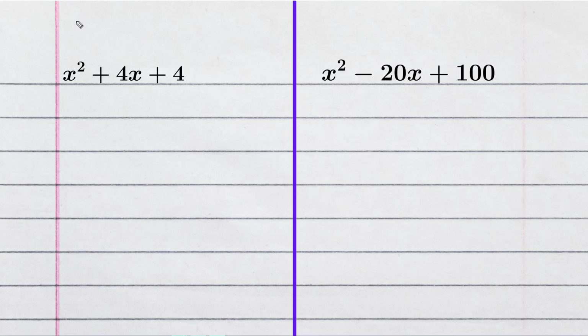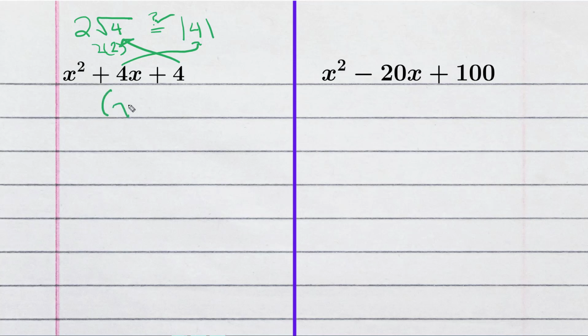So we want to do 2 times the square root of our 4 from here. Does that equal the absolute value of the 4 from there? Well, the square root of 4 is 2. So 2 times 2 does equal, so that means we can use this format.